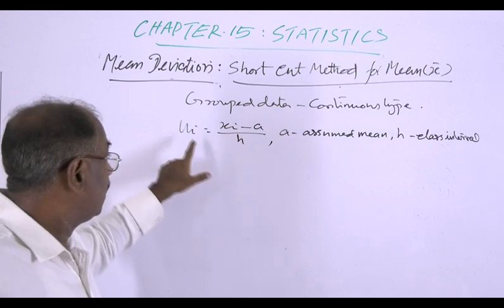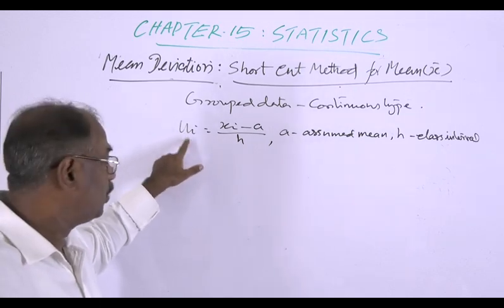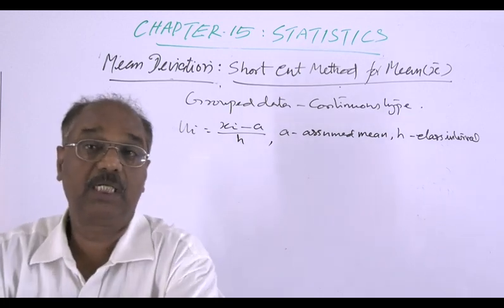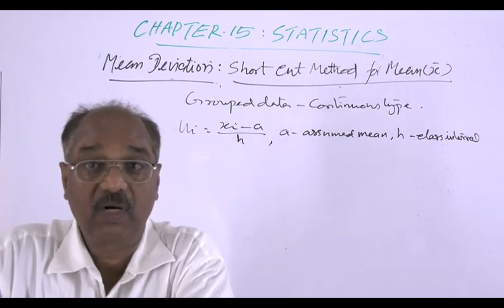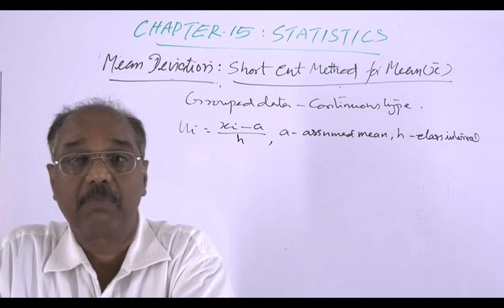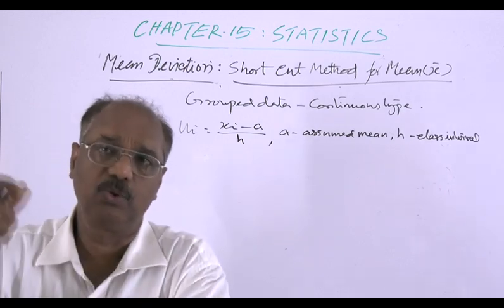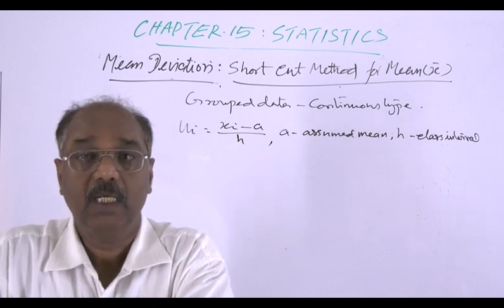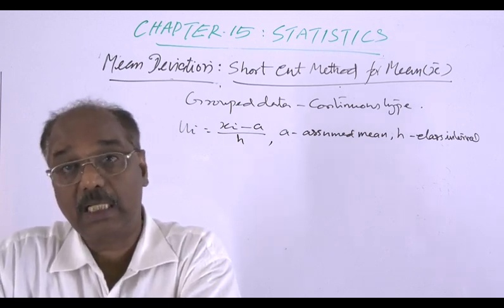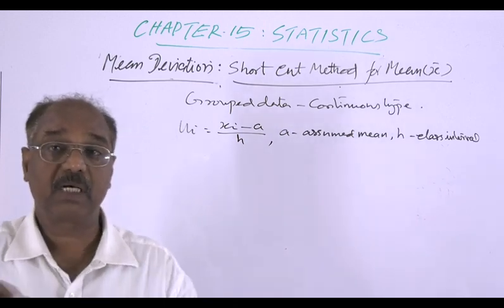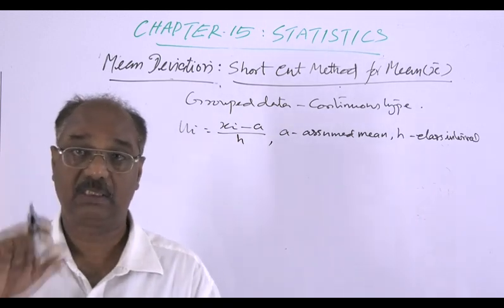Then what happens to these ui? These ui values become smaller values, sometimes in one-digit form or smaller two-digit form. Normally the xi values are larger values, and the calculation of this x bar will involve much work.